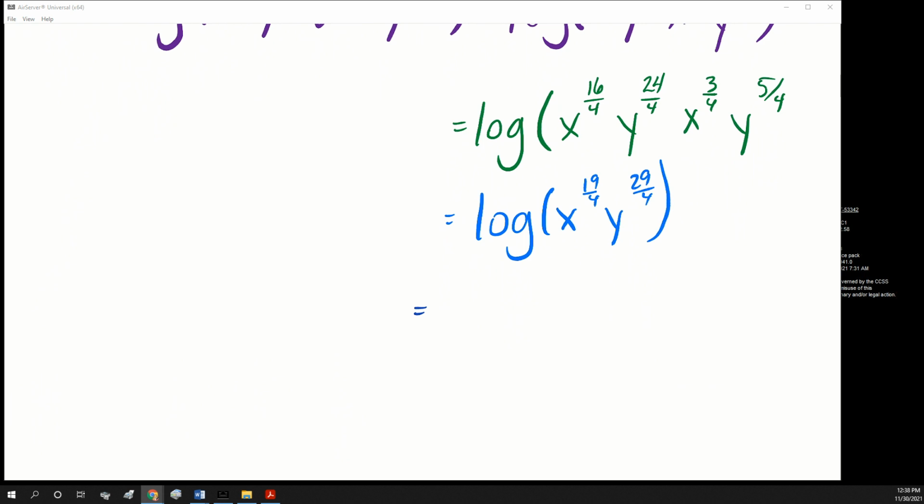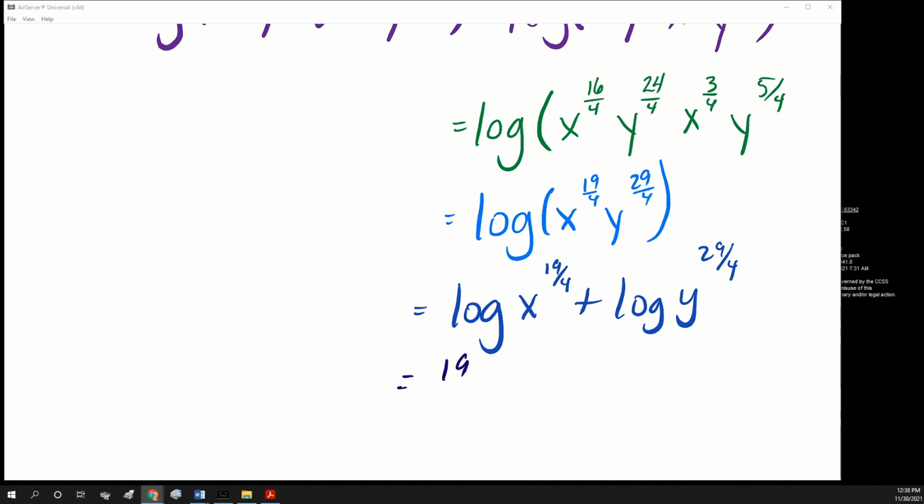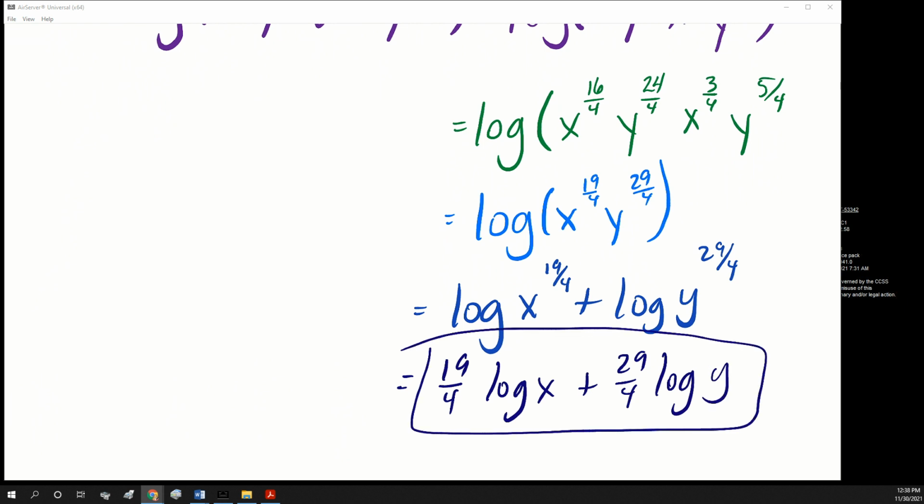We'll separate using addition. And then your very last step is to bring those powers down in the front. Whew.